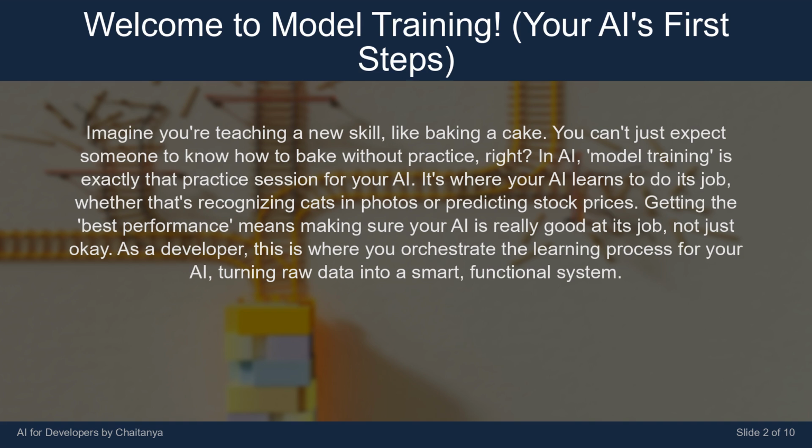It's where your AI learns to do its job, whether that's recognizing cats in photos or predicting stock prices. Getting the best performance means making sure your AI is really good at its job, not just okay. As a developer, this is where you orchestrate the learning process for your AI, turning raw data into a smart, functional system.